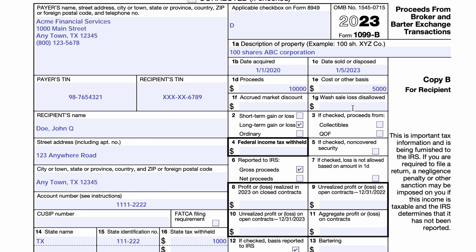If this were a wash sale and it were required to be reported as disallowed, then you would see something in box 1G.